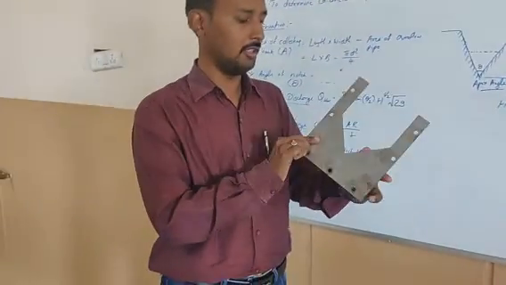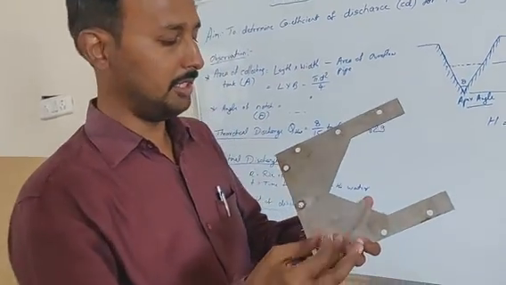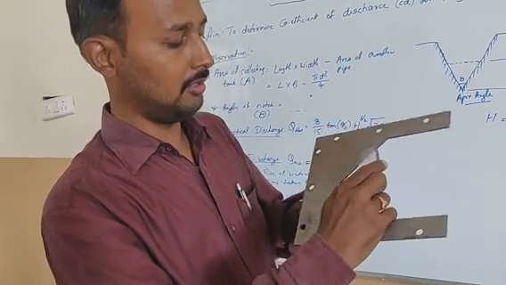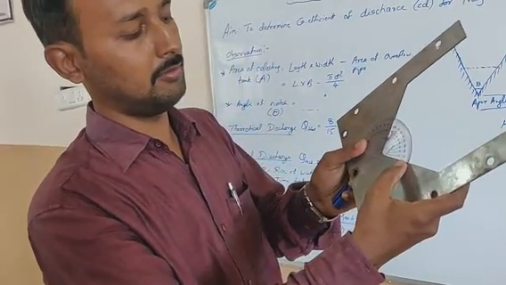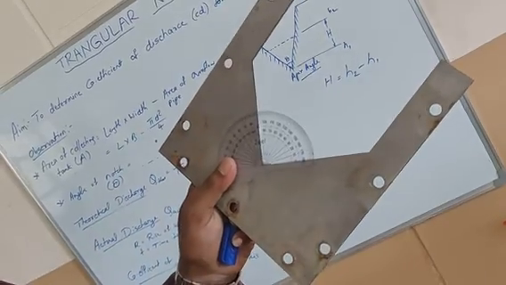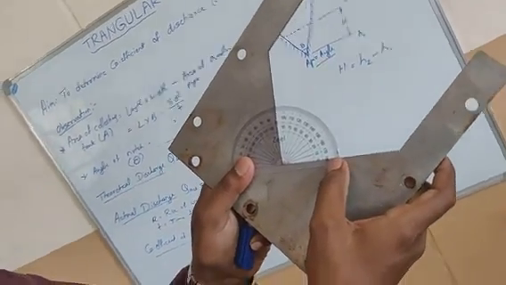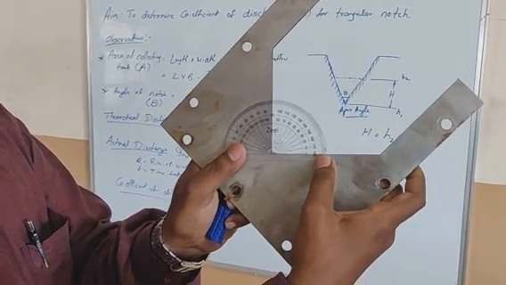Here this is the notch, and we have to measure the angle of this notch like this. This is the angle of the notch.